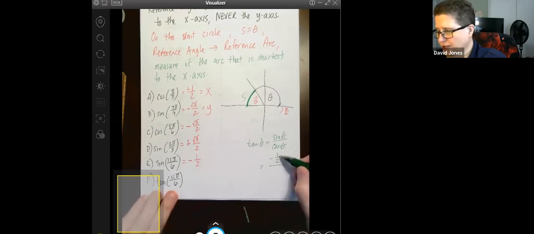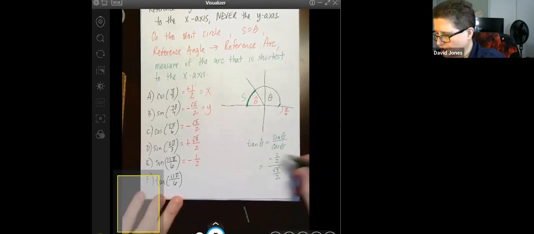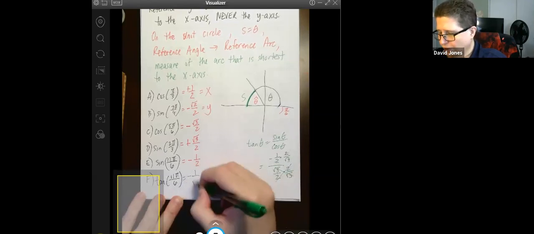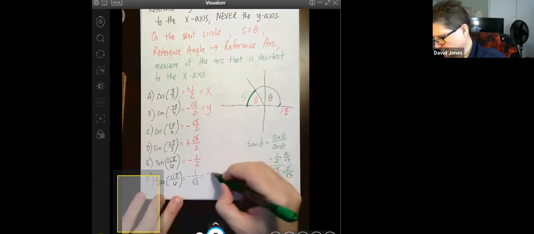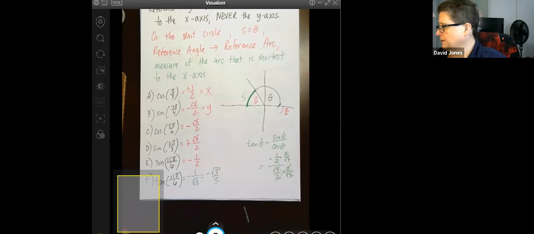It goes the opposite of the 1/2, the root 3 over 2. So we can multiply top and bottom by 2 over root 3, which clears the bottom, and the 2's cancel. I get negative 1 over root 3, and when we rationalize it, we get negative root 3 over 3. All right?